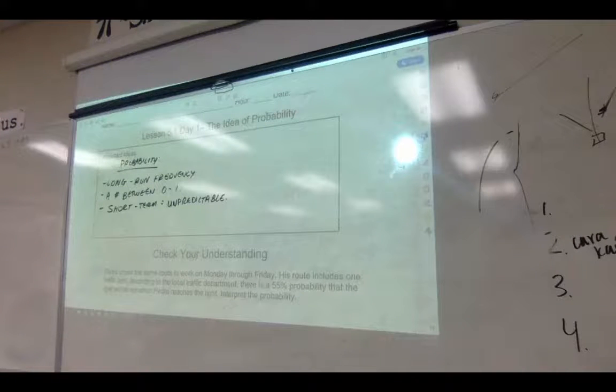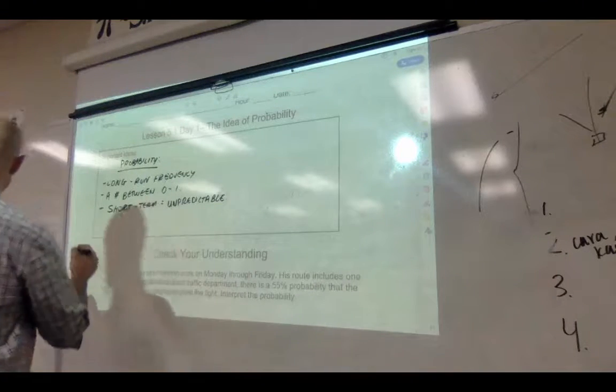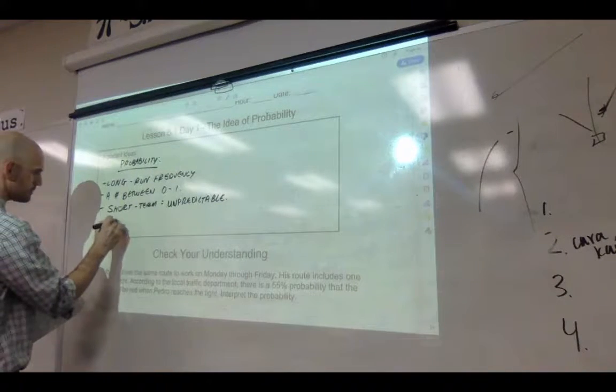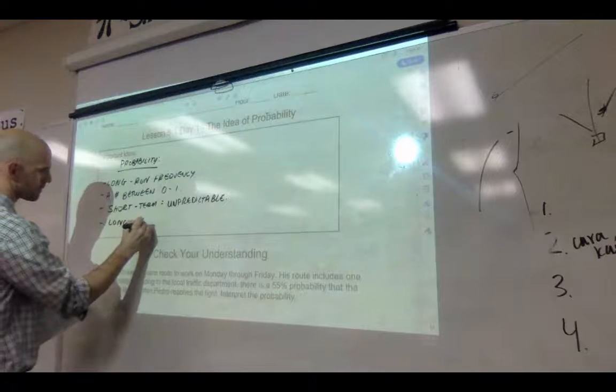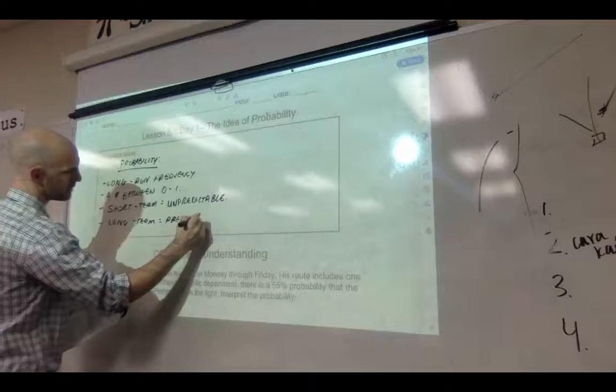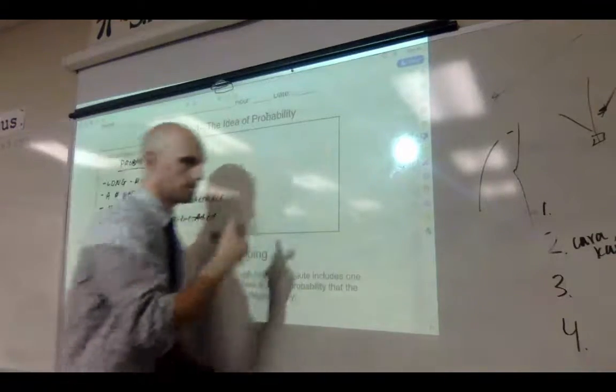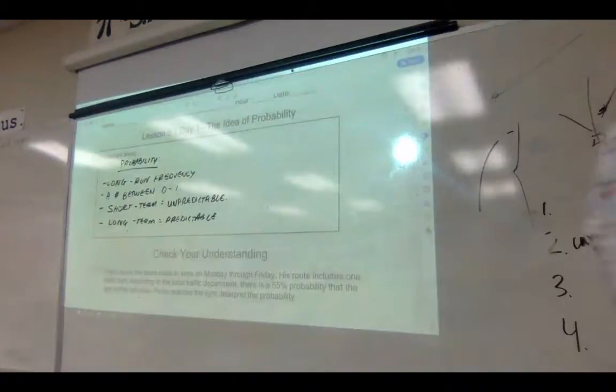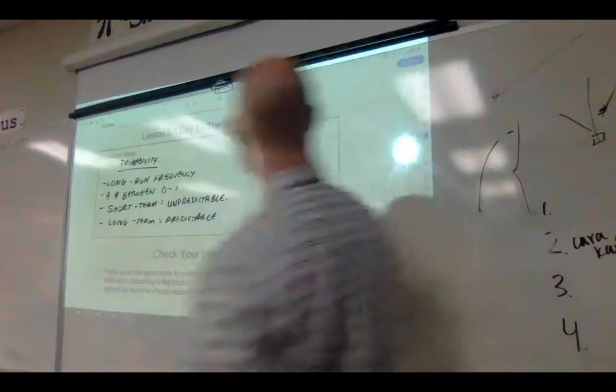It's going to happen right now. Is that true? No, because that's short term, right? But long term, it's predictable. But you got to have those many, many trials. And that's where our next little piece comes in.